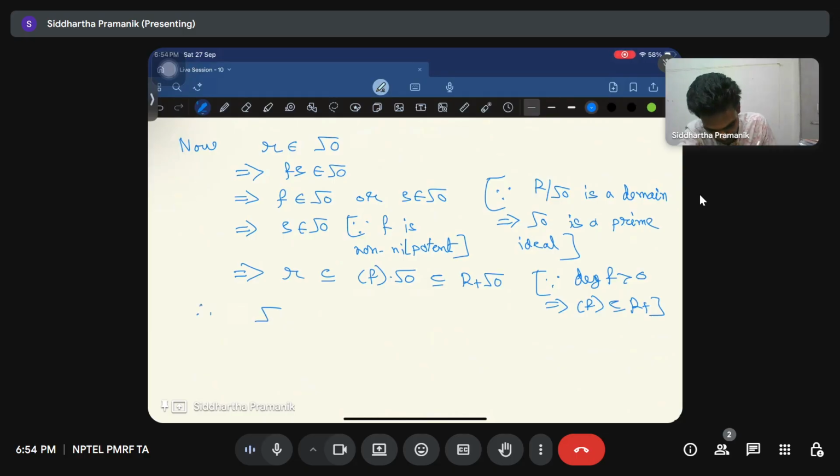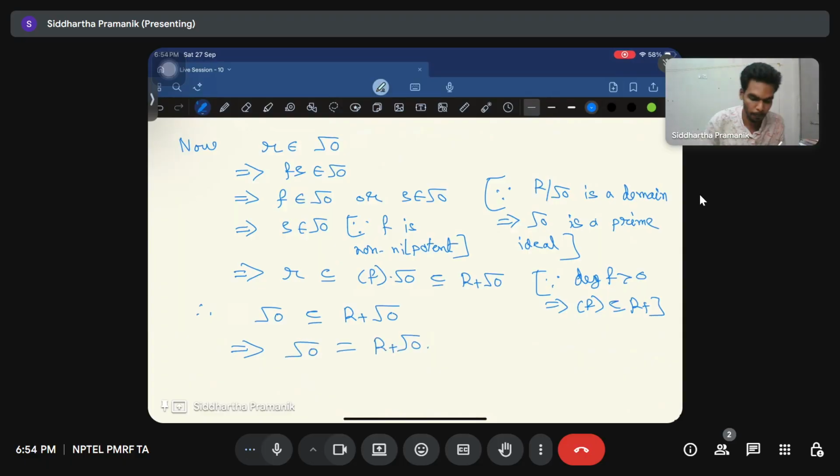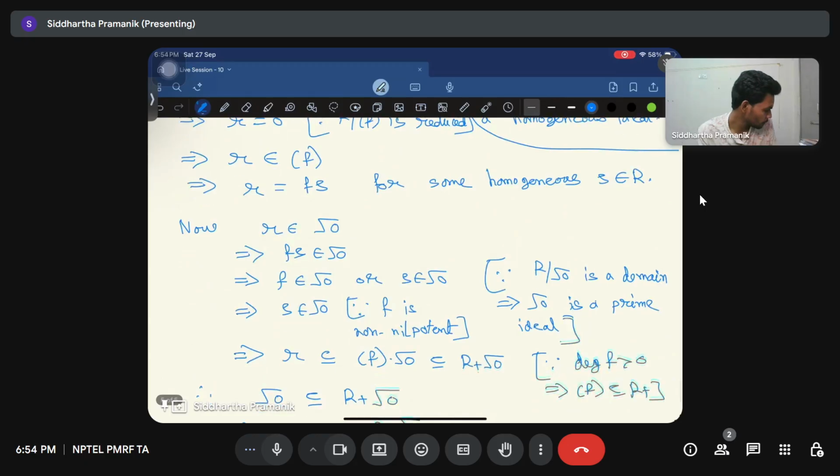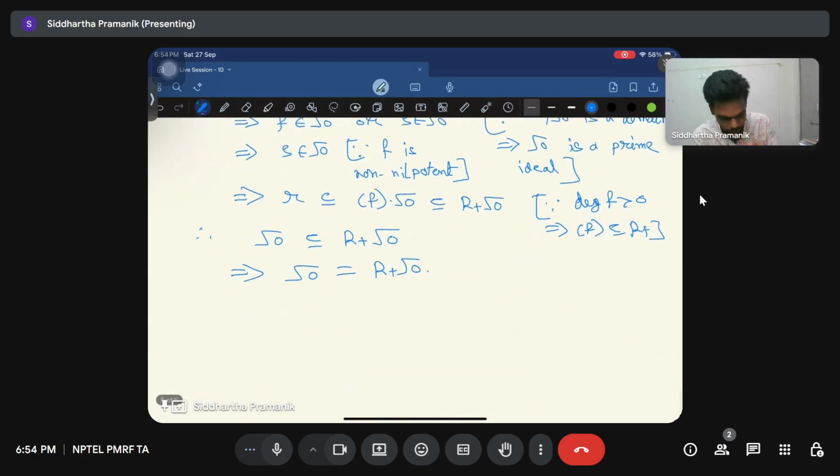This will imply the radical of 0 is a subset of R_+ times the radical of 0, and this will imply the radical of 0 equals R_+ times the radical of 0. And so by the graded Nakayama lemma, this radical of 0 equals 0.